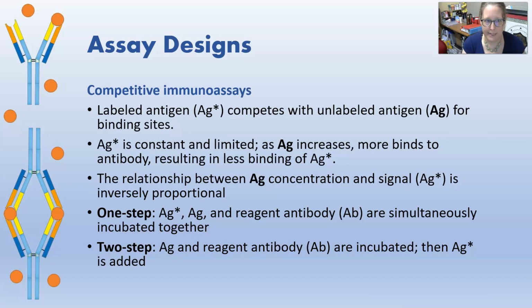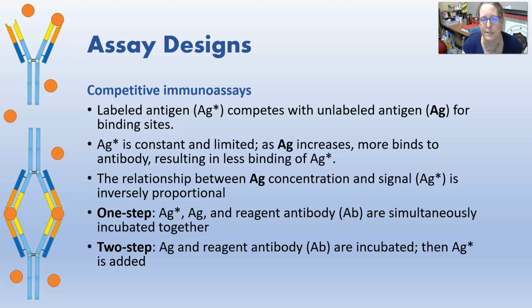Then in the assay designs, we have competitive immunoassays. In competitive immunoassays, a labeled antigen competes with the unlabeled antigen, which is in the sample, for binding sites on an antibody. The labeled antigen is constant and limited.